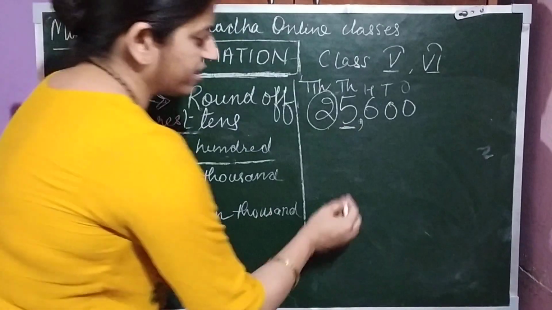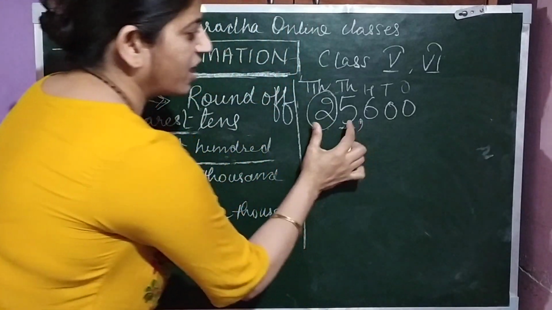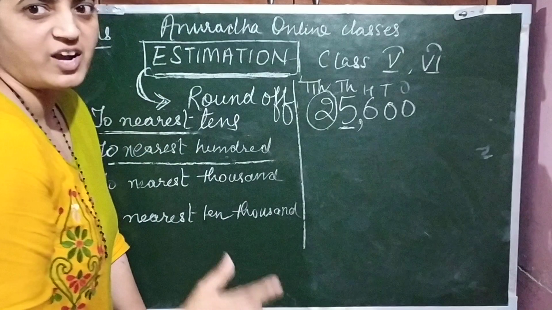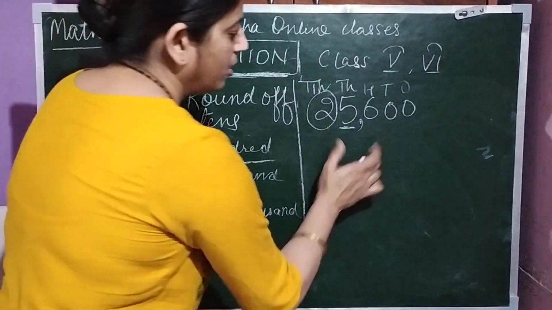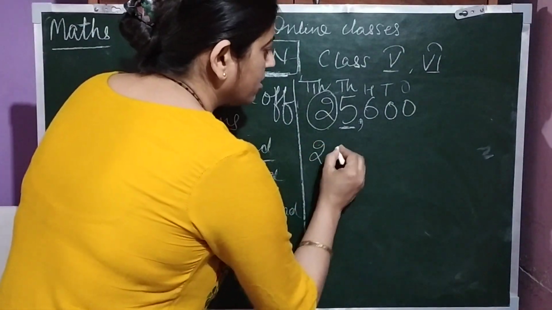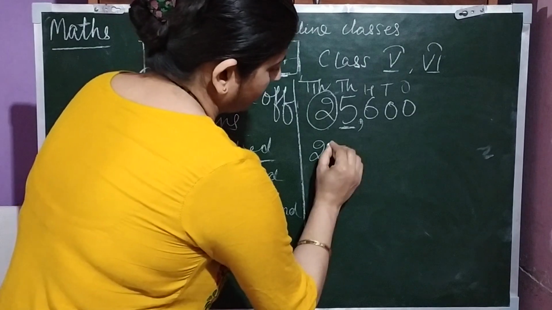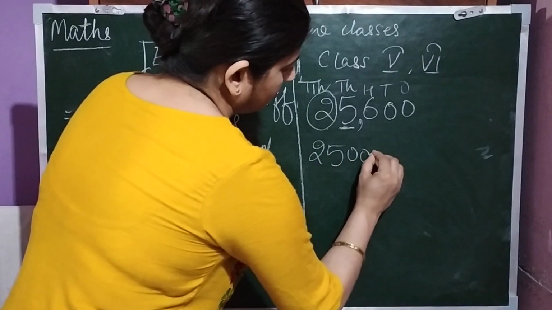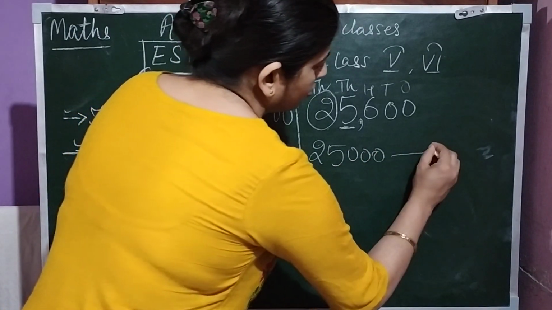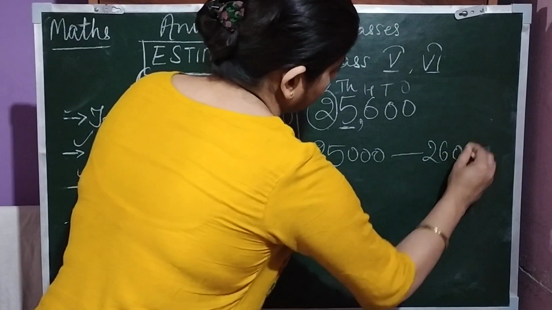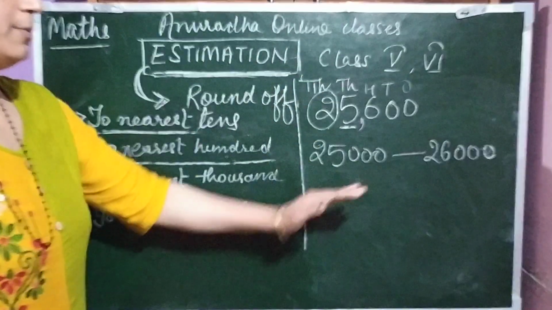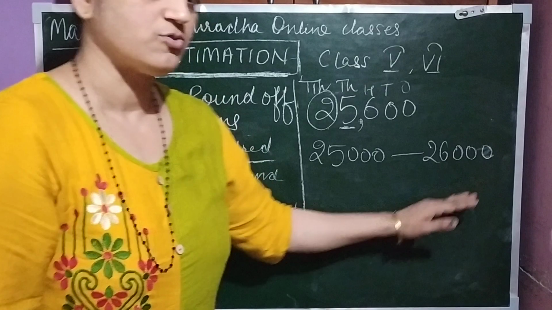Okay. Now let us come to the same again. 25,600 will lie between 25,000 and 26,000.